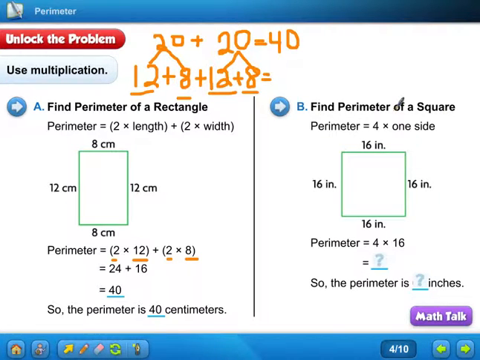Let's do it for a square. So a square has 4 equal sides. 1, 2, 3, 4. These ones are all 16 inches.